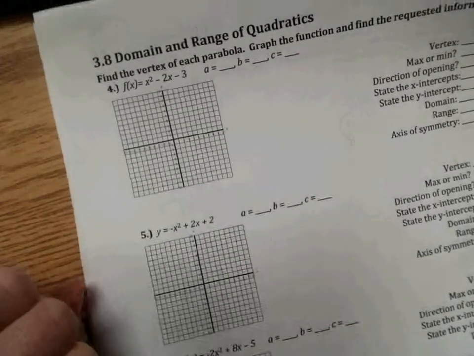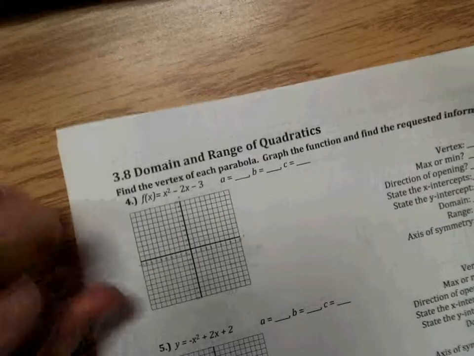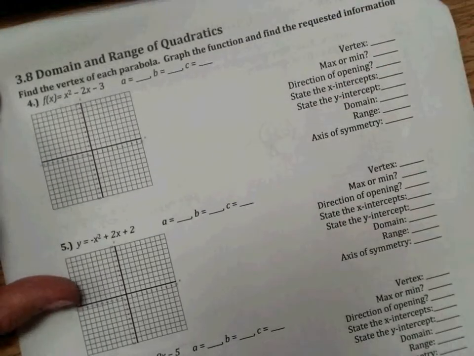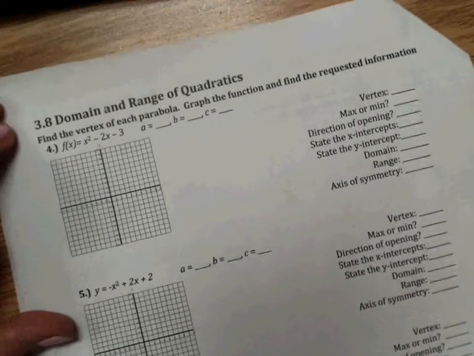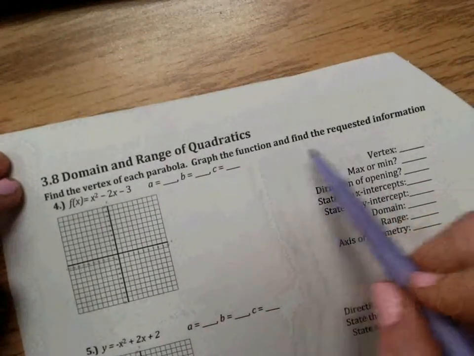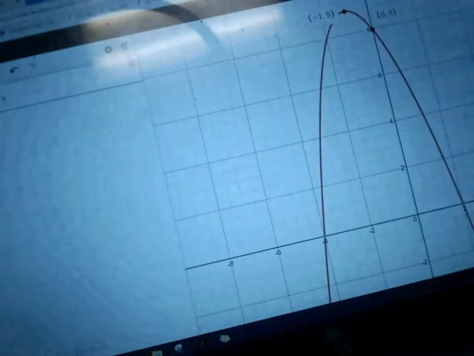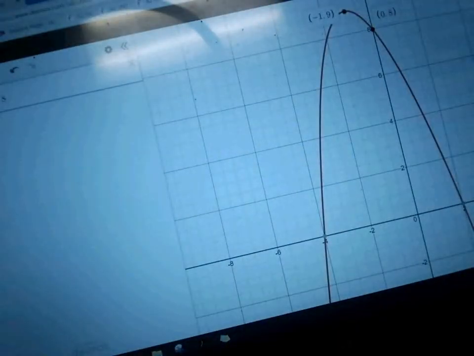I'll go ahead and do one more on this page. Similar types of questions. Find the vertex of each parabola, graph the function, and find the requested information. So I'm going to go ahead and graph here.